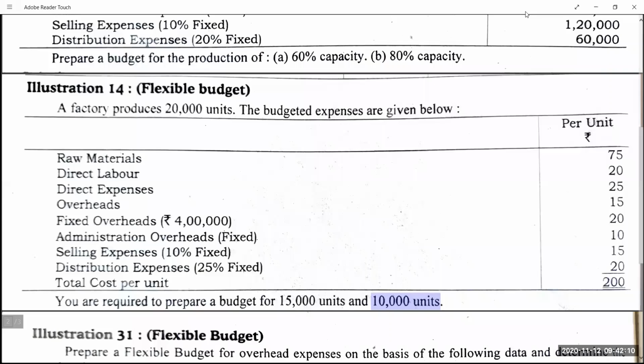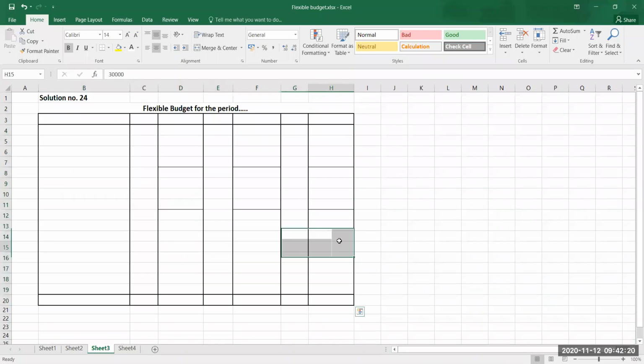Okay, pay attention. So right on top, write flexible budget for the period, and prepare columns. Now first column will always be your particulars column. Since they are in the number of units and per unit, you will have to write the column for per unit and also the total cost.